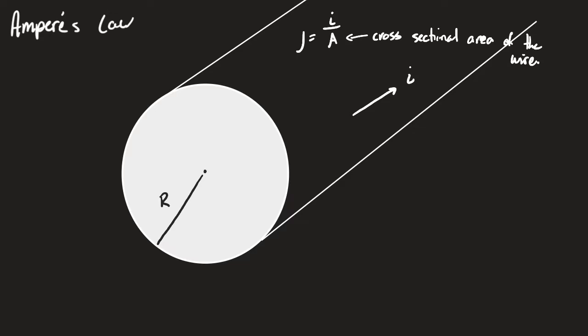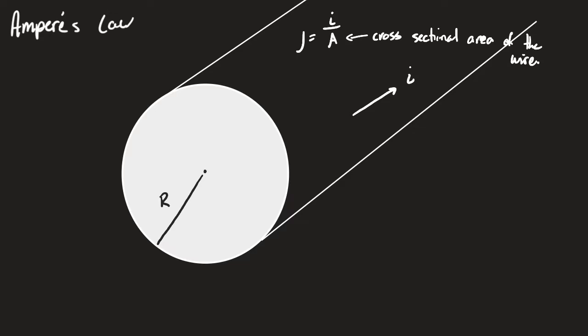Now, it shouldn't be a huge surprise that if the current is traveling in the direction indicated, there is a magnetic field that's traveling in a circular direction inside the wire. Just using the right-hand rule should tell us that.